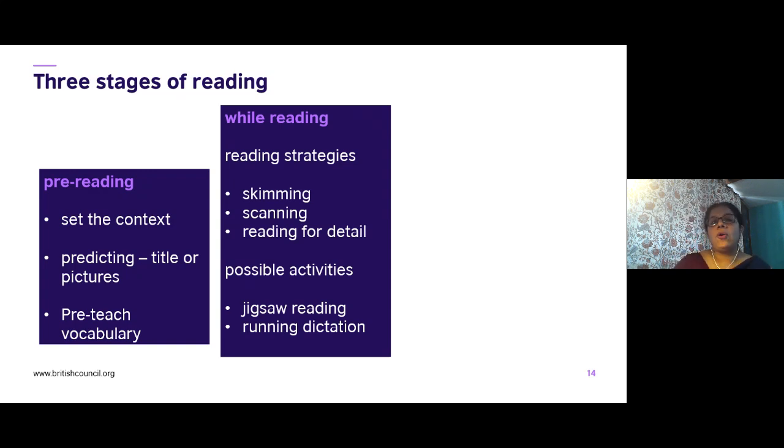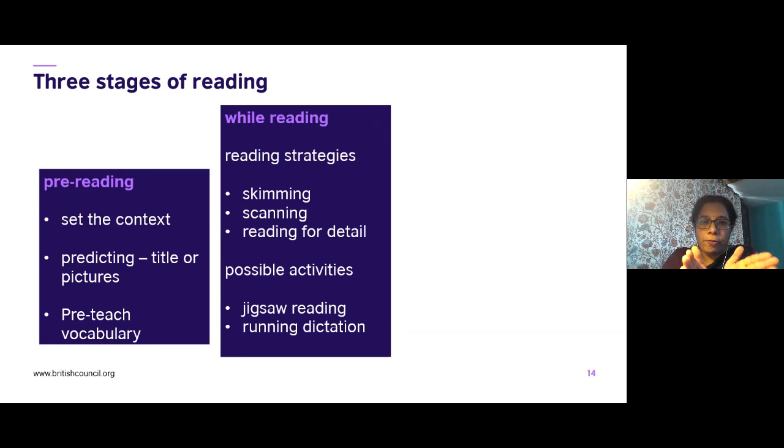The first one is called jigsaw reading. Jigsaw reading gets its name from the puzzle where you have to put the pieces of a puzzle together. So we have given this name to this kind of activity, which we call jigsaw reading. For example, you divide the text into two parts and give pairs of students one part of the text.